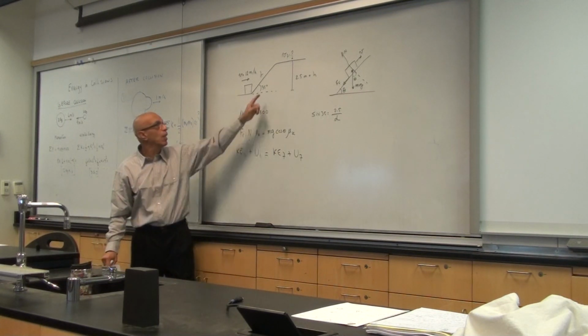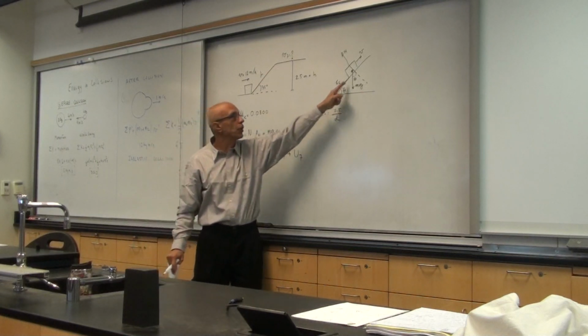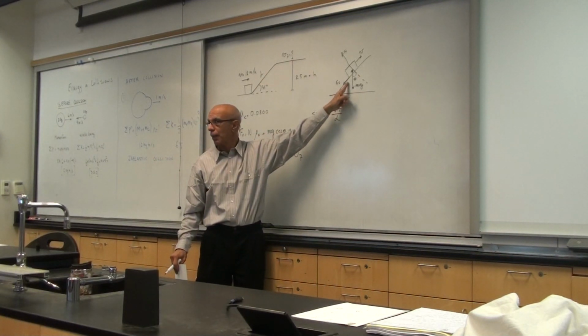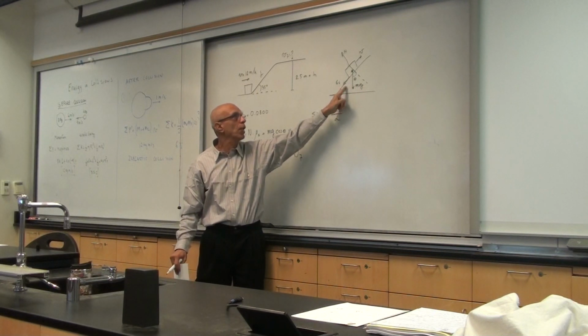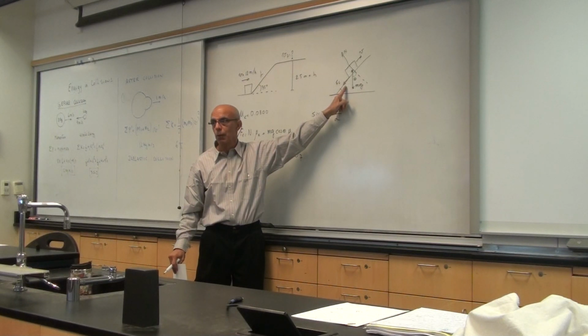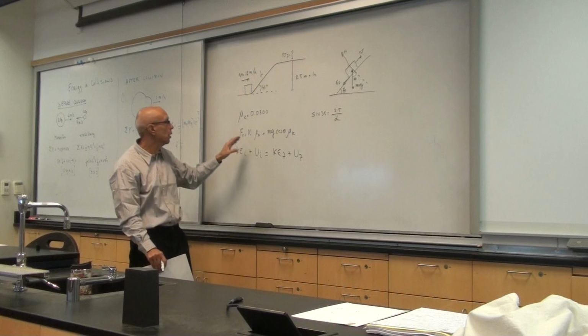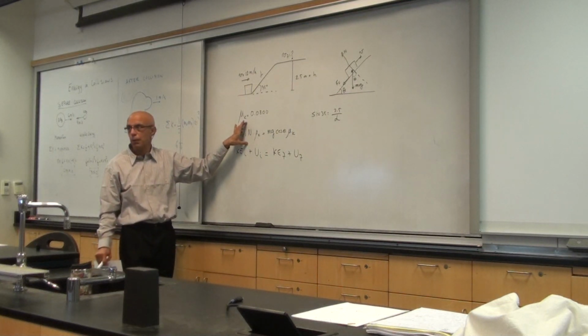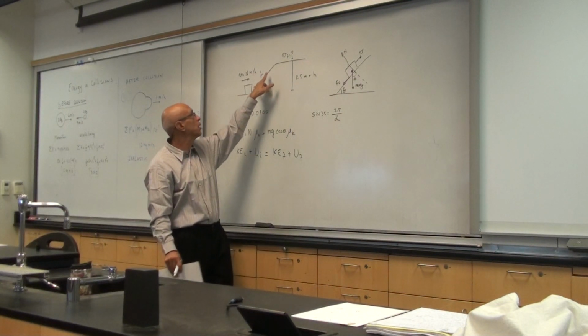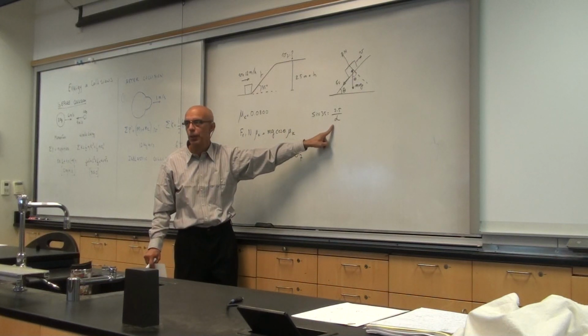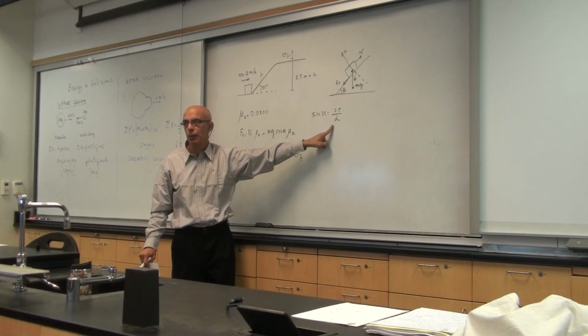But we have some work here that is not conservative. That is caused by this force of friction. How much is that work? It is the force of friction that we calculate here times this distance that we can calculate here.